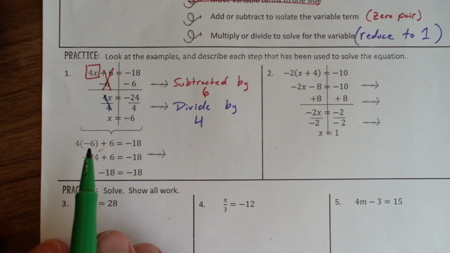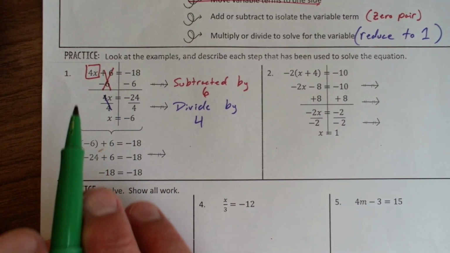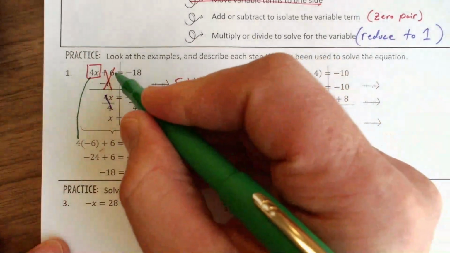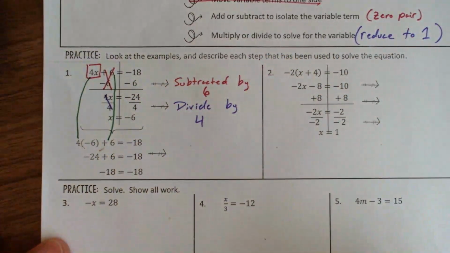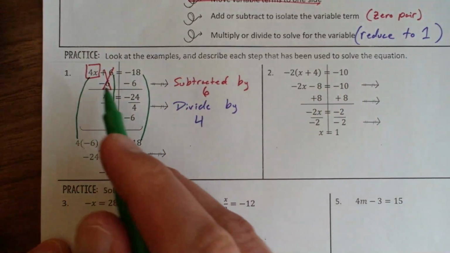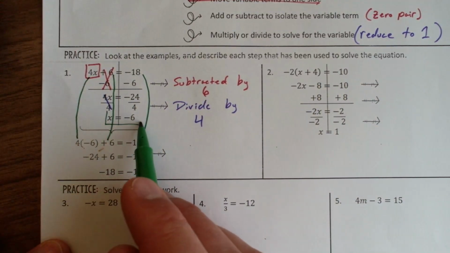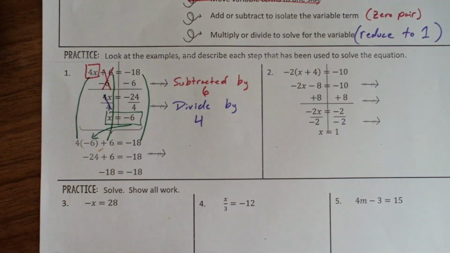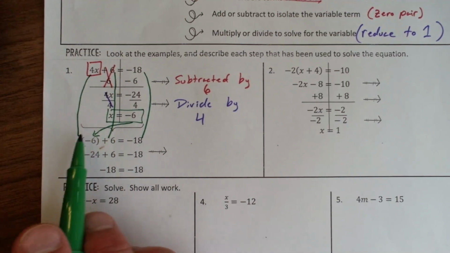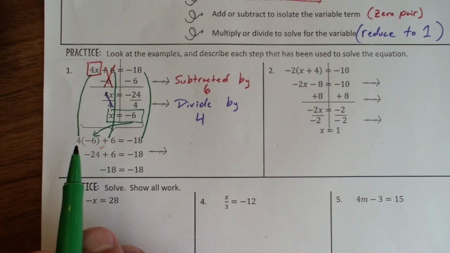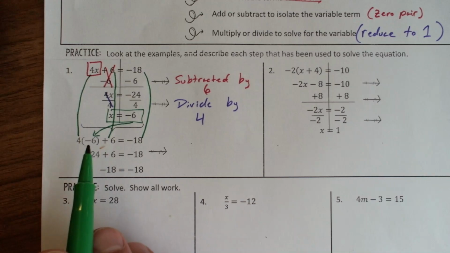So here what we did is we rewrote the problem: 4, 4, plus 6, plus 6, negative 18, negative 18. And then we said, hey, x equals negative 6, so we're going to substitute that in for x. And we could type this whole thing into Desmos just to make sure that we get negative 18 out. 4 times 6 is 24.